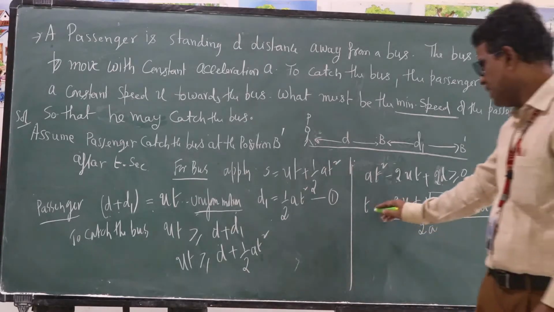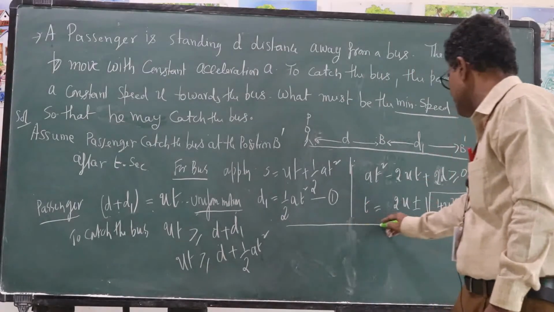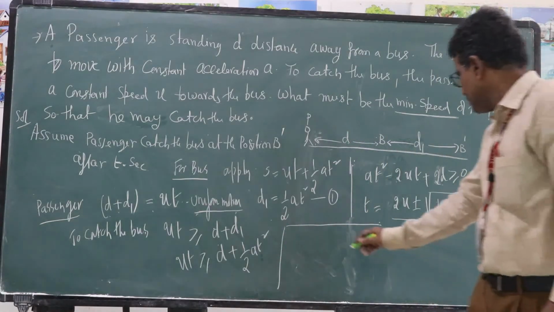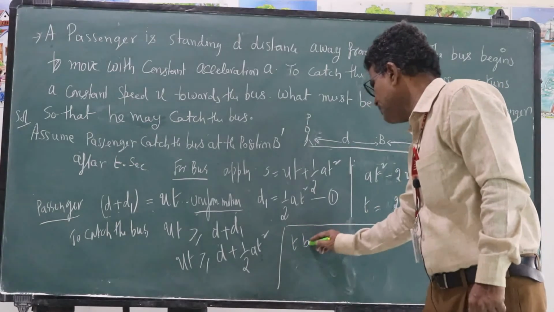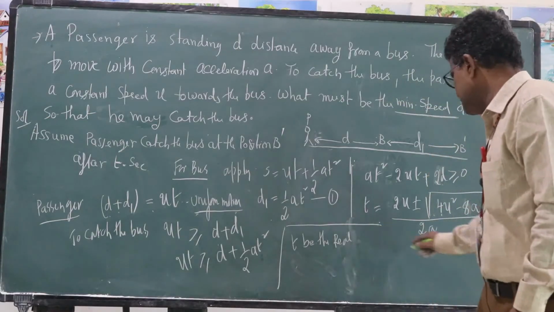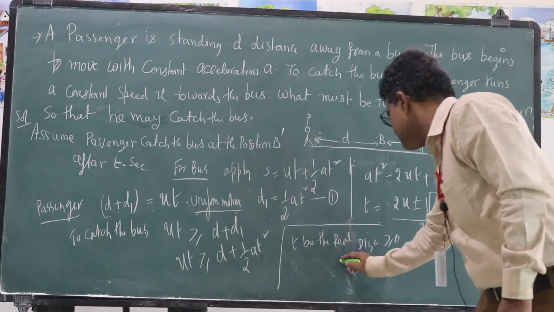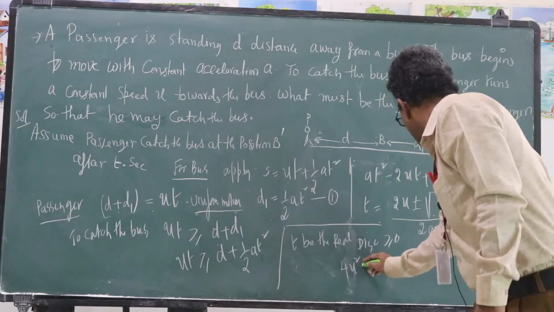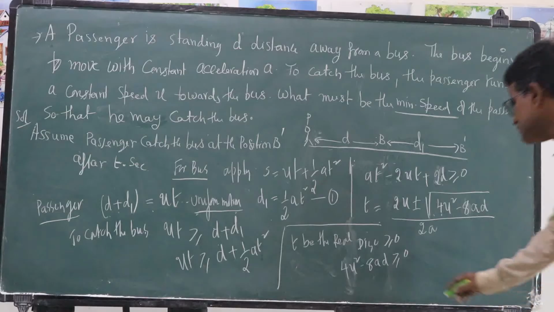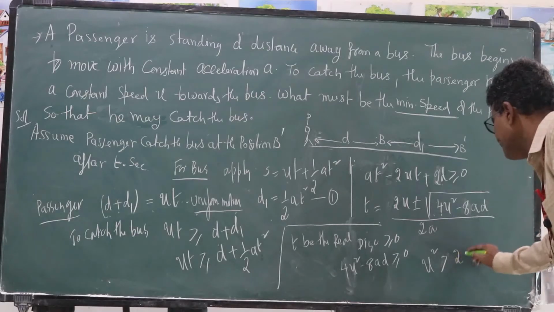So to catch the bus, t should have real roots. For t to be real, the discriminant should be greater than or equal to 0. So 4u square minus 8ad should be greater than or equal to 0. That is, u square is greater than or equal to 2ad.